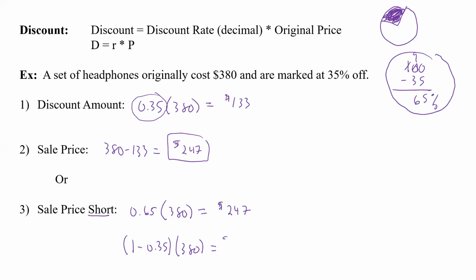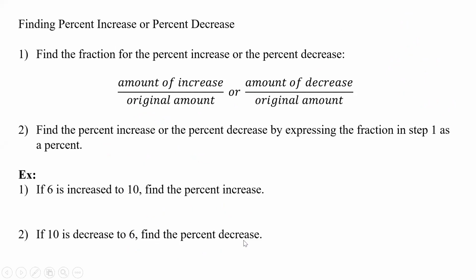So again, that's 247. It all kind of depends on how you want to think about this. If you want to think about it like this, and you're getting the value here, then you move your decimal and you just do that. Or you can say, okay, I know if I take 1 minus that 0.35, that's going to be what's left over, times 380, and I get that. That works as well.